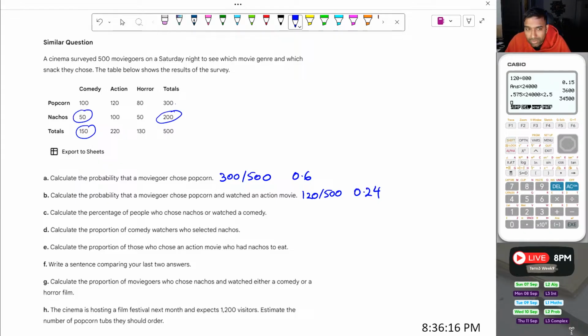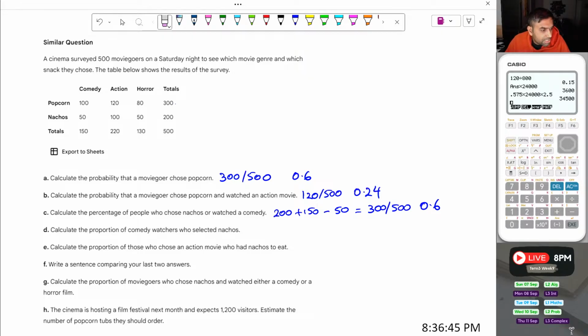So we've got to go 200 plus 150, take away 50, and that should give us 300 there. So I've got the 200 that's nachos, plus the 150 for comedy, minus the 50 for the double up, which gives me altogether 300 out of 500, which is 0.6. Hopefully with me so far.